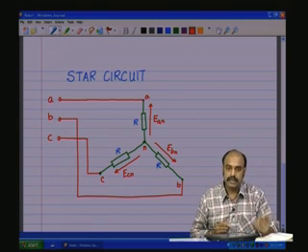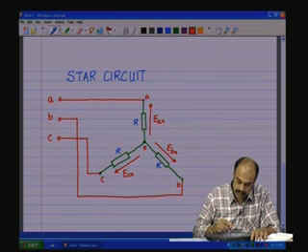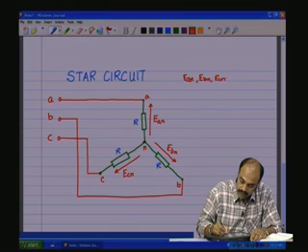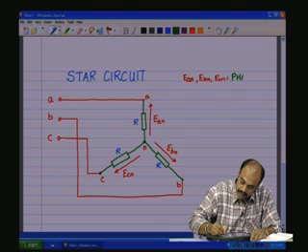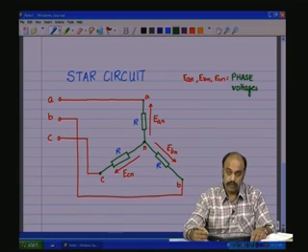So, EAN, EBN, ECN are with respect to the neutral, they are across the loads of every phase and they are called the phase voltages. Remember that EAN, EBN and ECN are called the phase voltages.